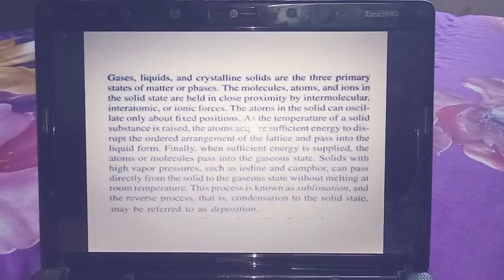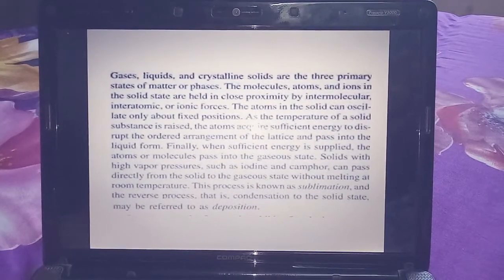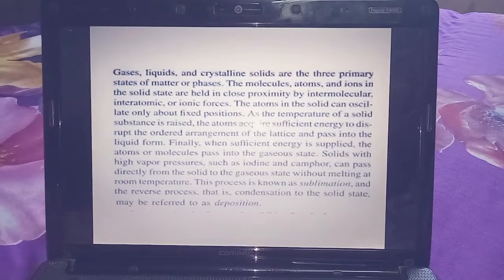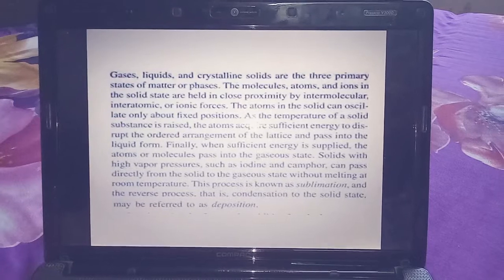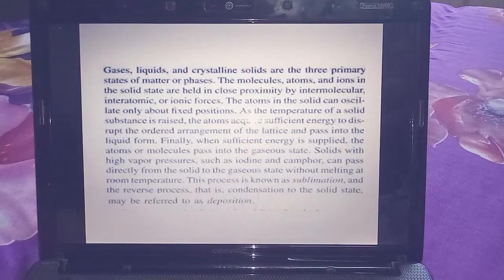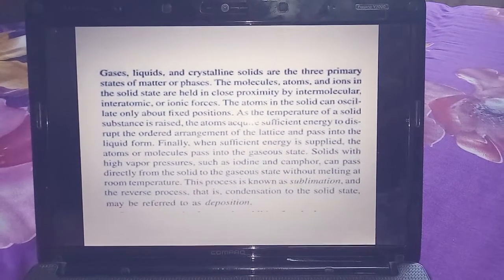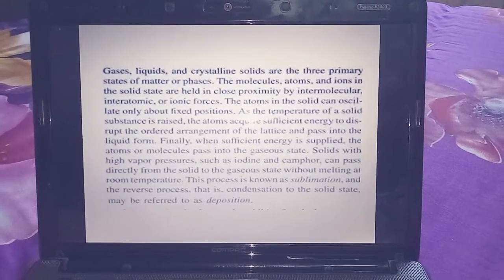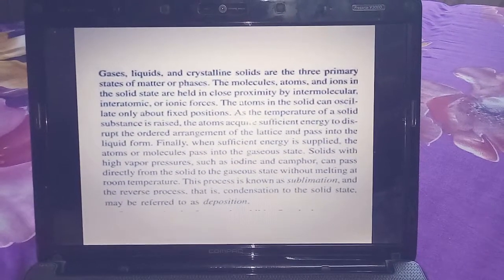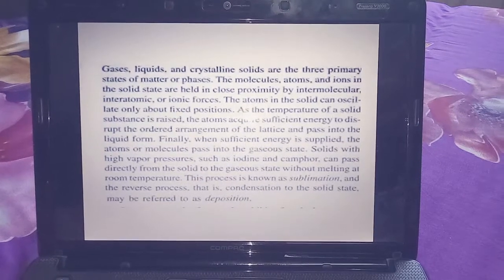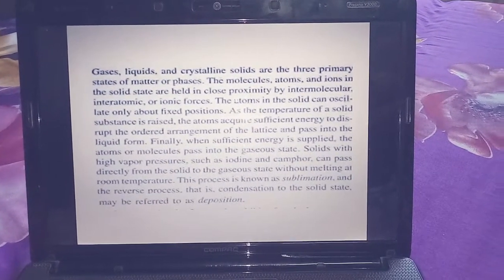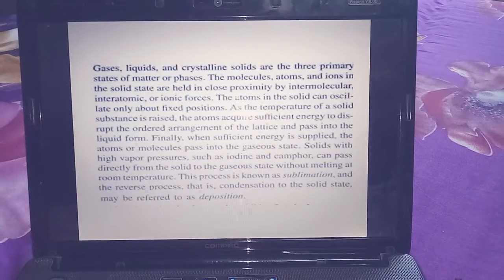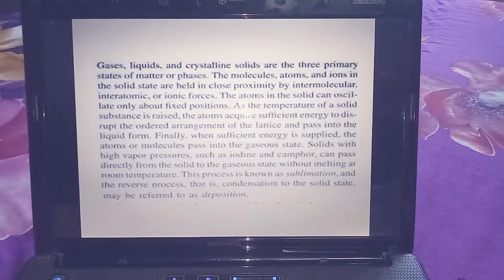Gases, liquids and crystalline solids are the three primary states of matter. The molecules, atoms and ions in the solid state are closely packed. The atoms in the solid can oscillate about only fixed positions. As the temperature of the solid is increased, energy is supplied, the ordered arrangement is disrupted and then they can pass into the liquid form.